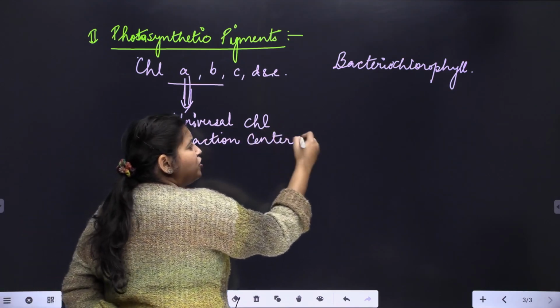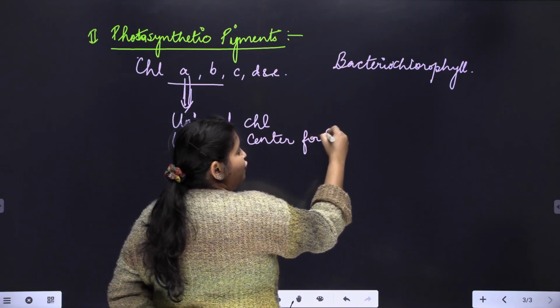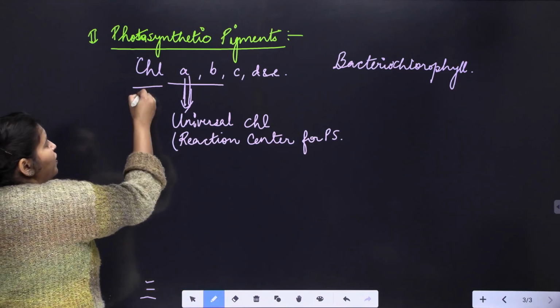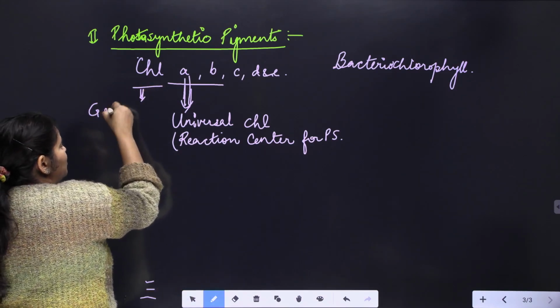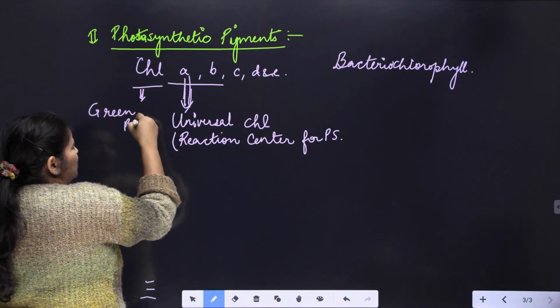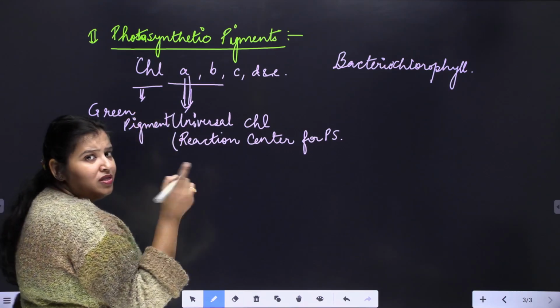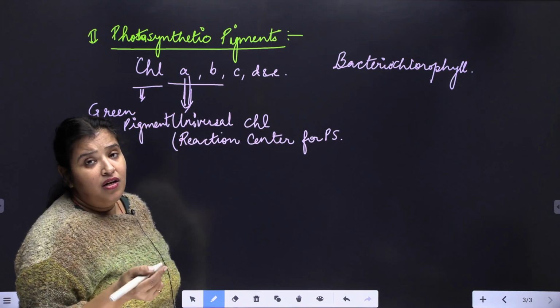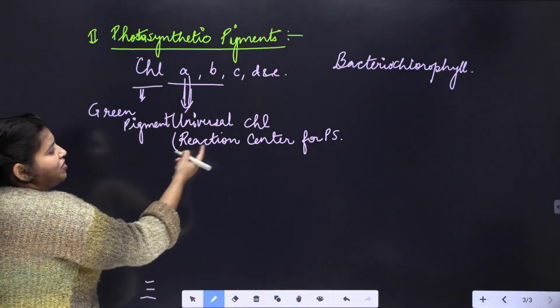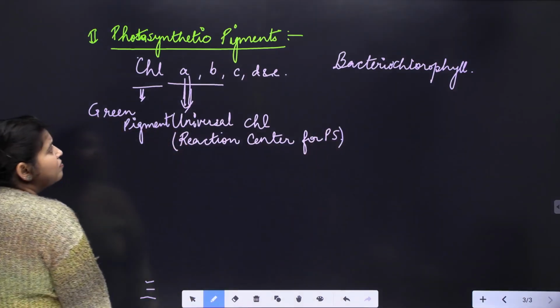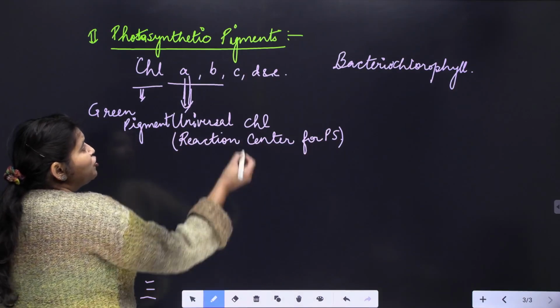Reaction center for what? Reaction center for photosynthesis. So chlorophyll is a green pigment, out of which A and B are abundant, and A is a universal pigment which has the reaction center for photosynthesis.